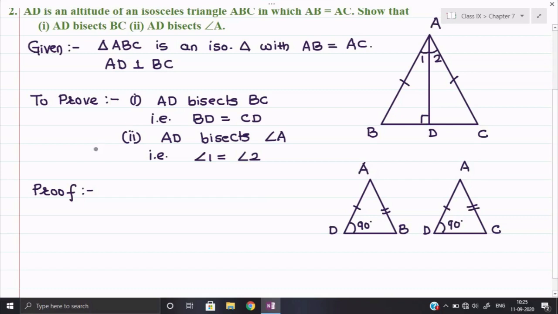Because the angle is not coming between the two sides, and hence we cannot apply the side angle side theorem. However, both the angles are 90 degrees and hence they are equal, but that equal angle is not between the two sides. So the question is not made for the side angle side theorem.